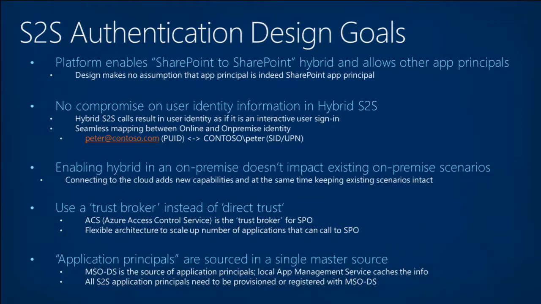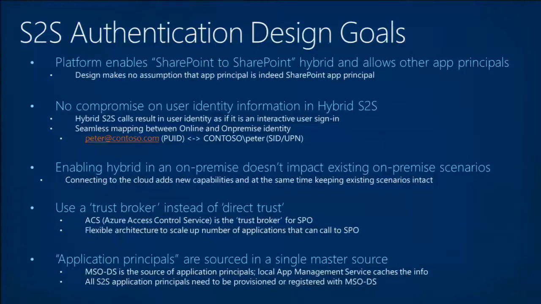An app principal is your identity that the identity platform knows about. So the identity platform knows your tenancy in SPO has its own identity. Your on-premises SharePoint system has its own identity. When I talk about Duet Online, I'll show that SAP is modeled as an app as well. So it has its own app principal, an identity that the identity platform knows about.